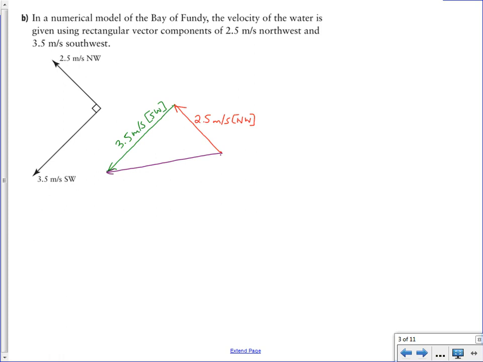if both those vectors had been 2.5 meters per second, what do you think the resultant would have looked like, aligned northwest and southwest? All vectors are straight lines, but it would be horizontal, right? Because it would perfectly balance.